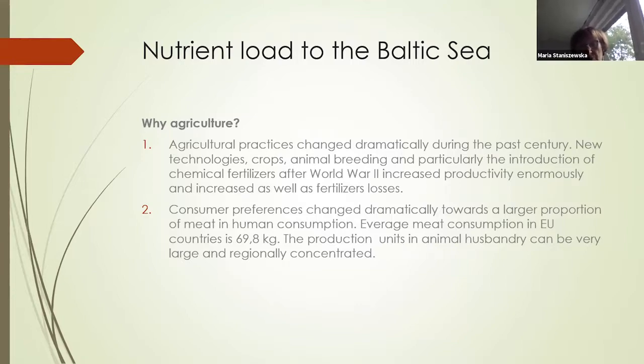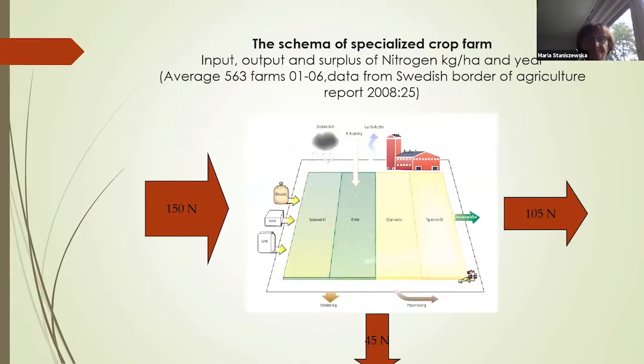Moreover, the production units in animal husbandry can be very large and regionally concentrated, which provides additional problems with pollution in the water.